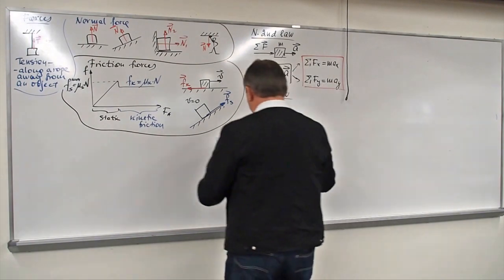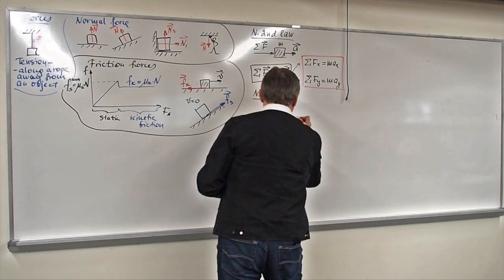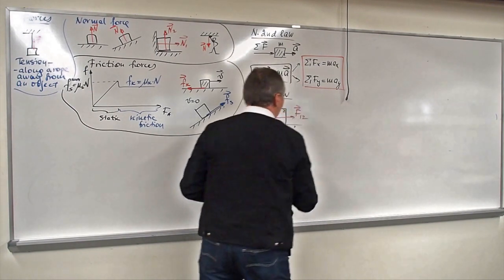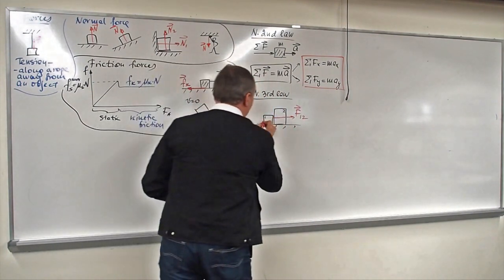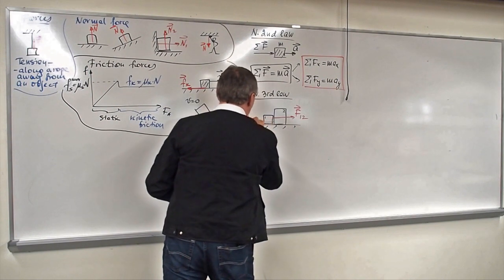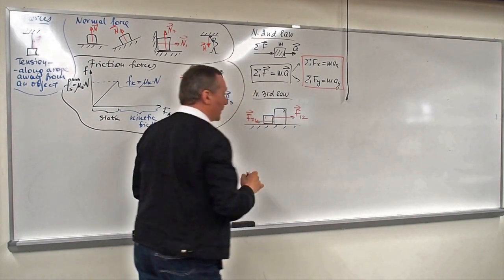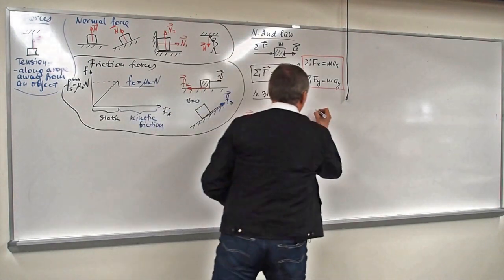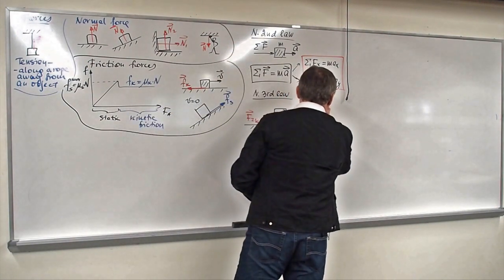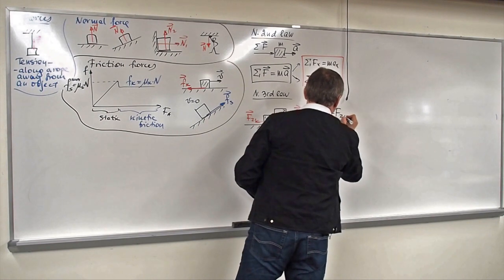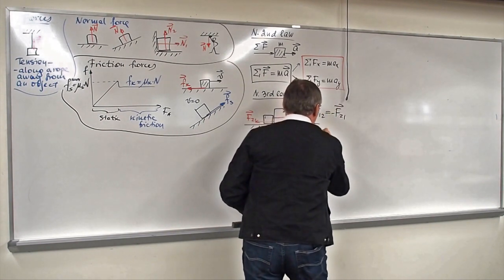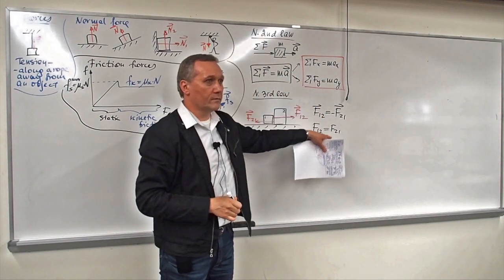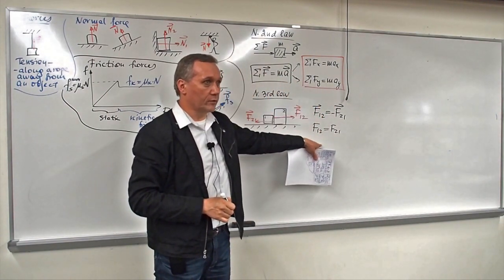So this will be F from 1 on 2, and this object exerts a force on this one, F21. These two forces, as I said, are equal in absolute value but act in opposite directions. Absolute value F12 equals F21. You see, these are vectors, these are magnitudes, absolute values.